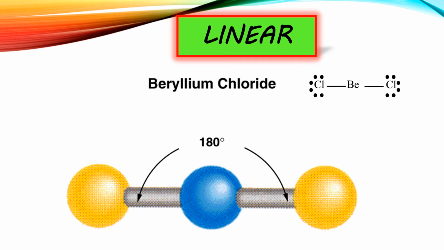These two bonding pairs will form a linear shape with a bond angle of 180 degrees. The general class for linear shape is AX2, where A is the central atom and X is the number of bonding pairs.